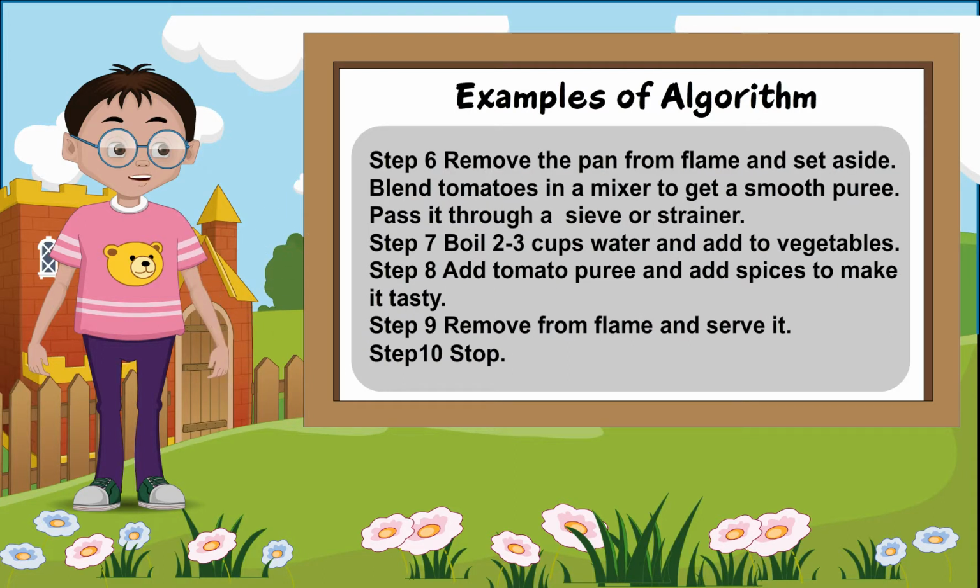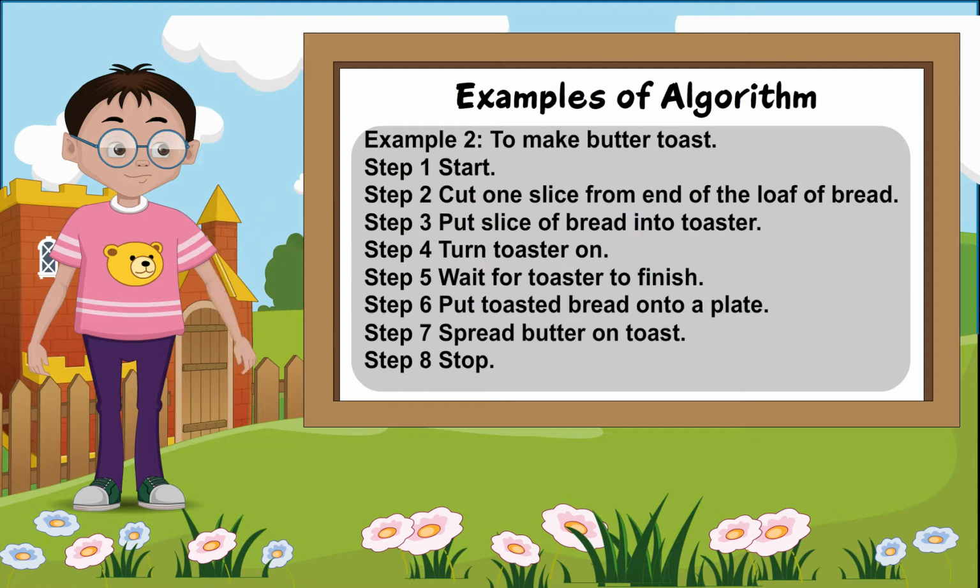Remove the pan from flame and set aside. Blend tomatoes in a mixer to get smooth puree. Pass it through a sieve or strainer. Step 7. Boil 2-3 cups water and add the vegetables. Step 8. Add tomato puree and add spices to make it tasty. Step 9. Remove from flame and serve it. Step 10. Stop.